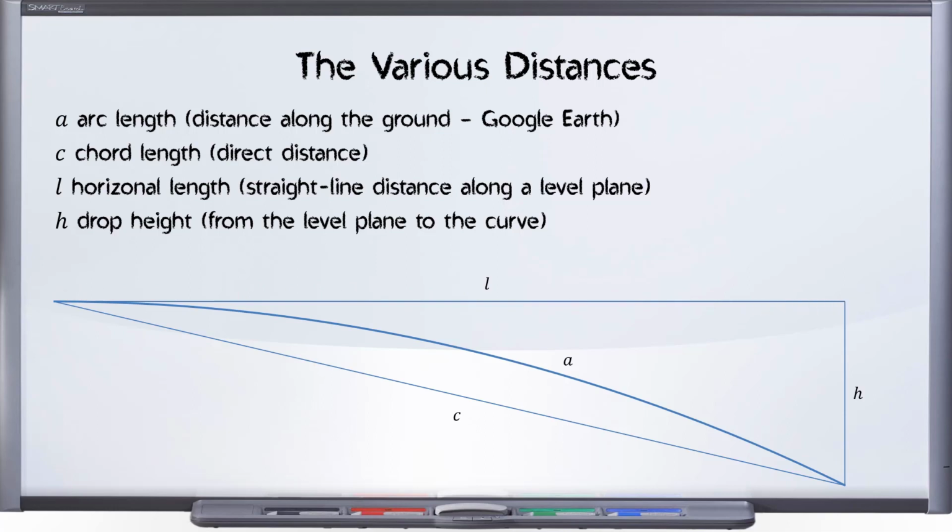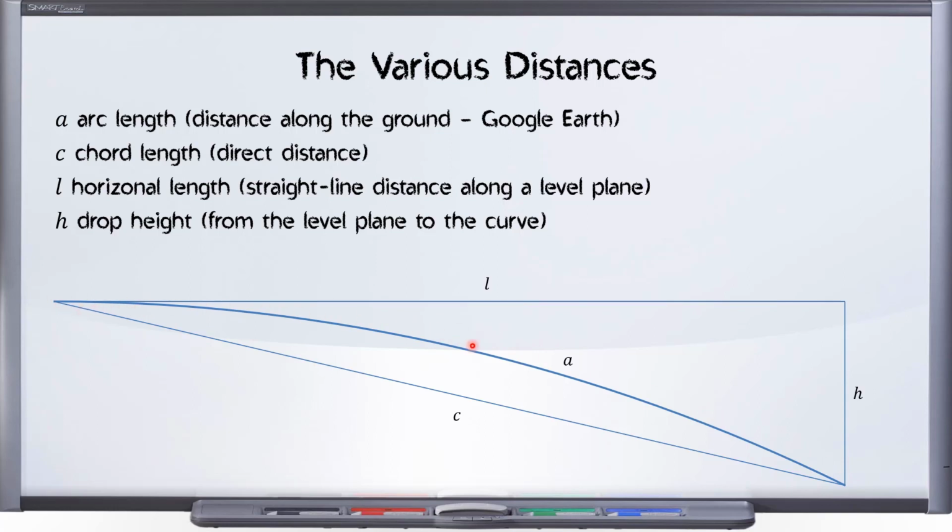This is the distance that you would get just in the straight line distance. If the Earth was flat, then the distance out to this point would be the same as the distance to this point, right? And so if we just shot a straight line parallel to the surface at the starting point, then that length will be L. This curved distance I will call A, which stands for arc length.